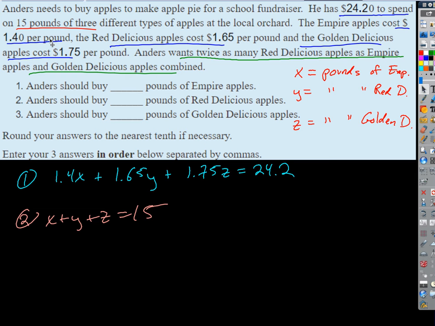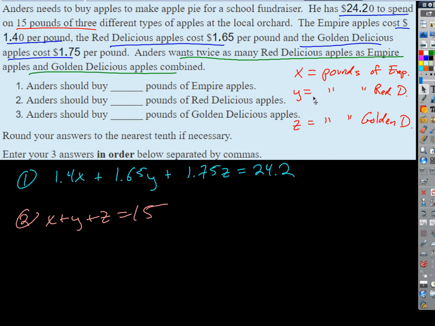If I want to come up with the total cost of all the Empire apples, and they cost $1.40 per pound, and we have X pounds, doesn't it make sense that 1.4X is going to be the cost of the Empire apples? And if the cost per pound for Red Delicious is $1.65, then we get another term that's 1.65Y, right?